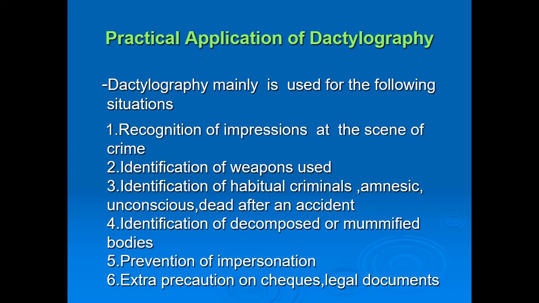But there are special techniques and chemicals, and police are trained to collect those impressions from the scene of crime, from doorknobs, from windows, from cupboards, from anywhere the accused or criminal has placed his or her hands.